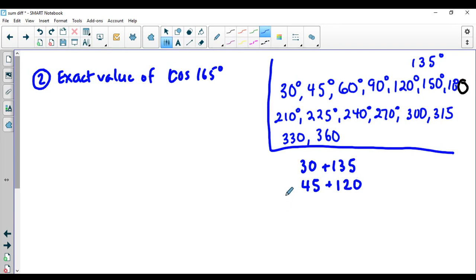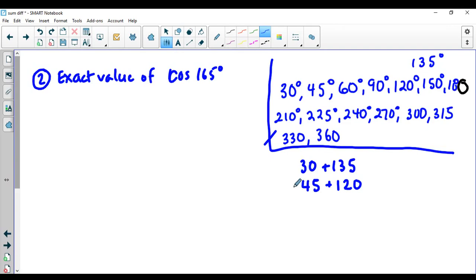Is there anything else? 165 minus 90 would give you 75, which is not there. 165 minus 120, so we have the two options. I'll just go with the first one, but both of these would give you the same answer.